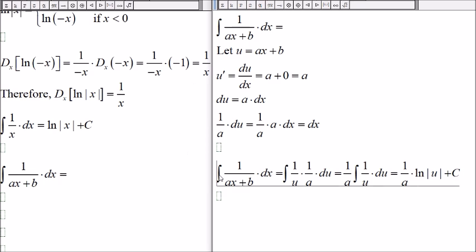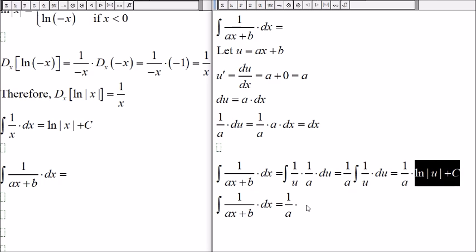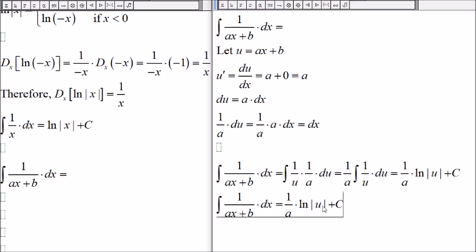And therefore this integral right here is going to equal 1 over a, and then times the natural log of the absolute value of ax plus b.